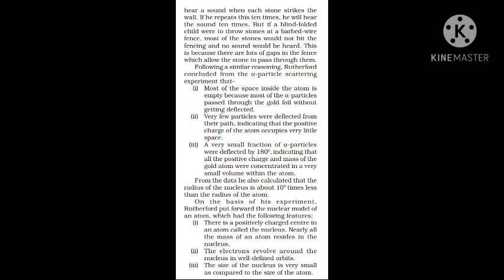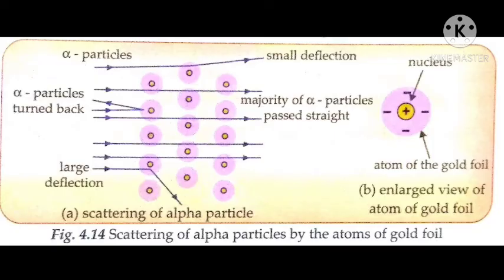Following similar reasoning, Rutherford concluded from the alpha particle scattering experiment the following. Most of the space inside the atom is empty, because most of the alpha particles pass through the gold foil without getting deflected. Very few particles were deflected from their path, indicating that the positive charge of the atom occupies very little space.